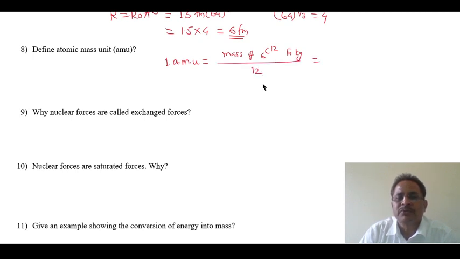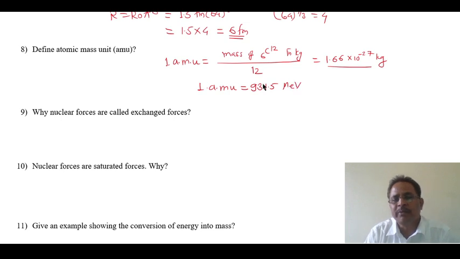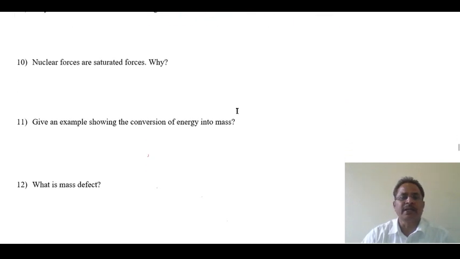And this is how, as we said here, it comes to be 1.66 into 10 raised to minus 27 kilograms, and this amount of mass in kilograms is called 1 AMU. And as I said earlier, when it is converted into energy, its energy equivalent is given by 931.5 MeV. So there may be a few multiple choice questions based upon this particular fact as well.